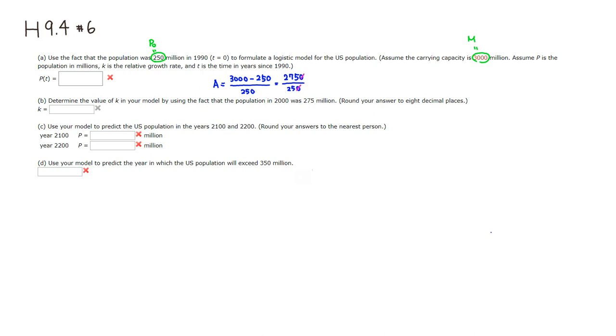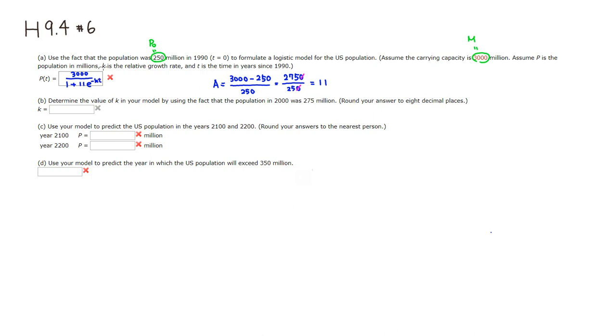If you divide 275 by 25, if you can squeeze 1 in there, it's going to be 11. So P of t is going to be carrying capacity, 3,000, divided by 1 plus A, which came out to be 11, e to the negative kt.